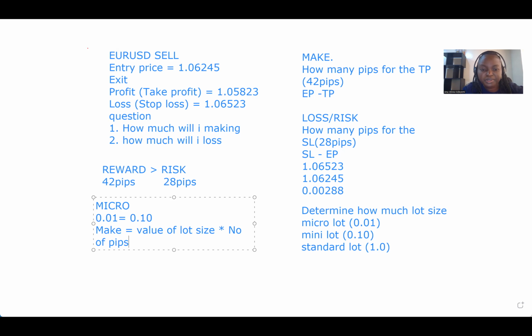That's the formula. When we say value of lot size, this is the lot size, and this is the value of the lot size.